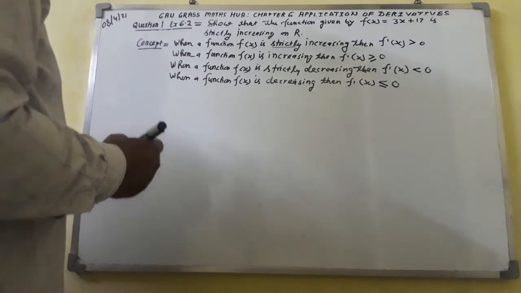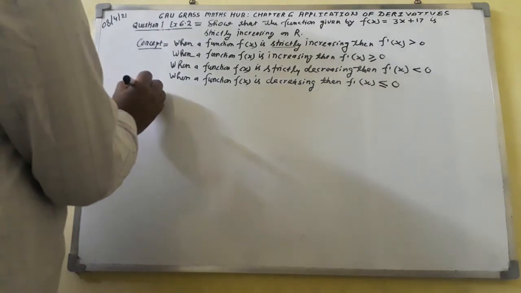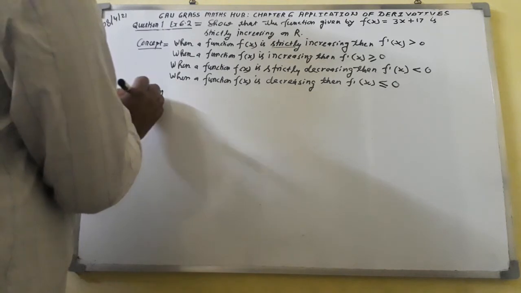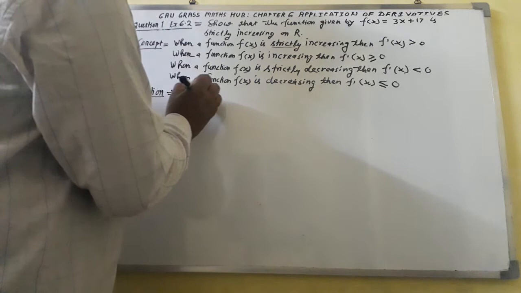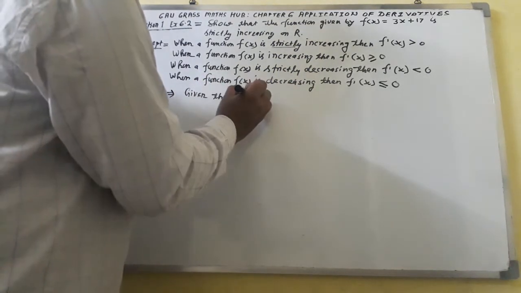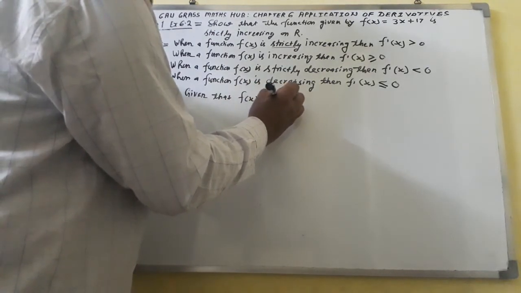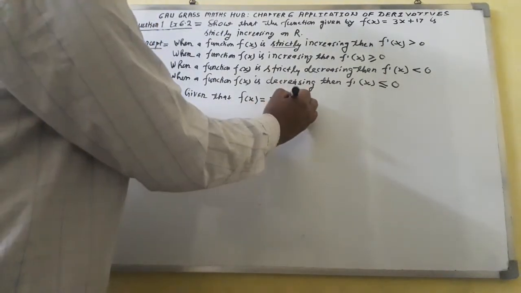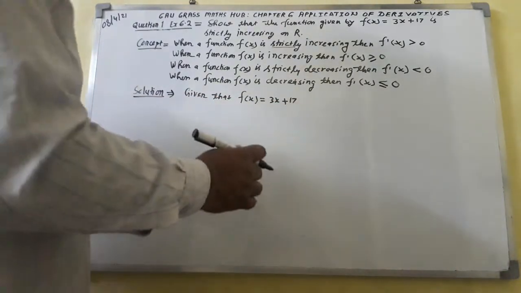Now I am going to explain the solution of question number 1 here. Solution: given that f of x equal to 3x plus 17.